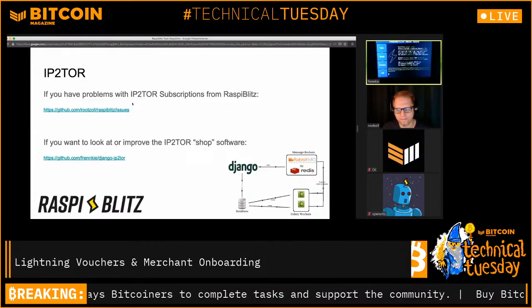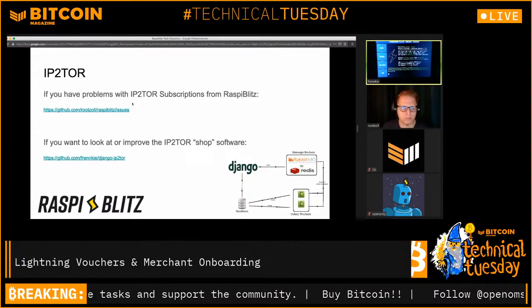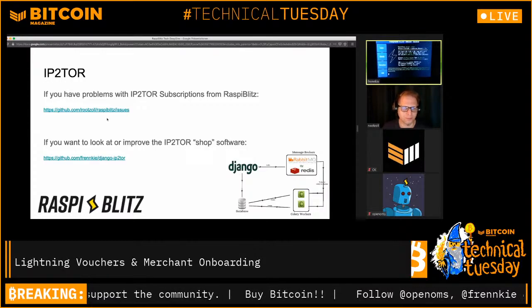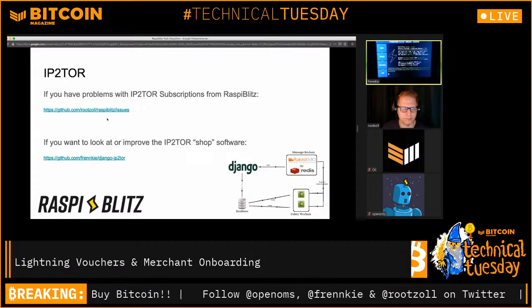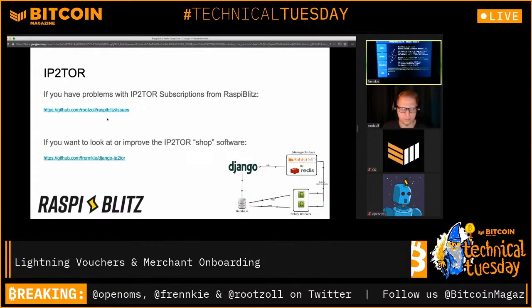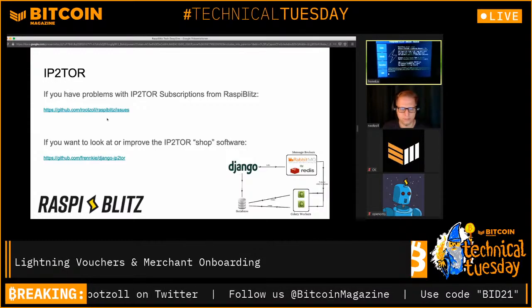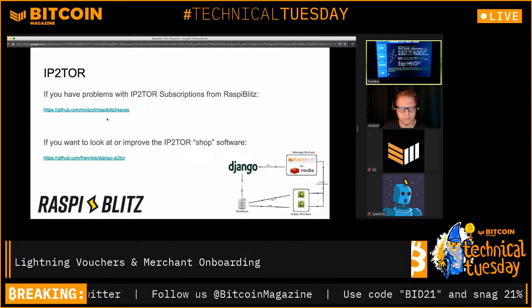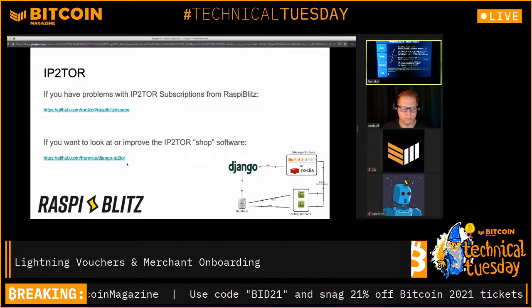And basically, if you have problems with any of the IP2Tor subscriptions that are sold and hosted on the default RaspiBlitz configuration, please open your issues on the main RaspiBlitz project. But if you're interested in the IP2Tor software that's running on the backends, that's what we newly created. There is the link on this slide to my repo where I'm hosting this package.